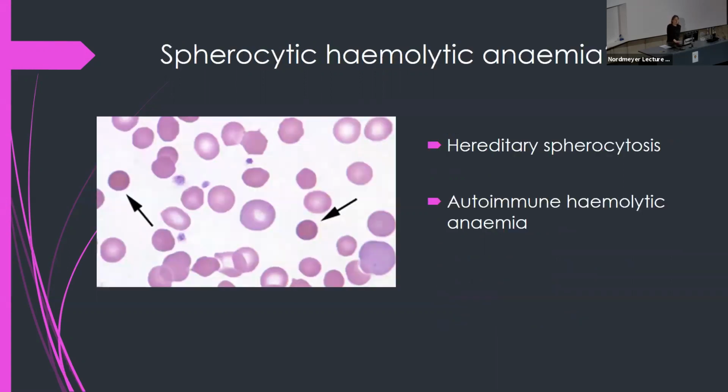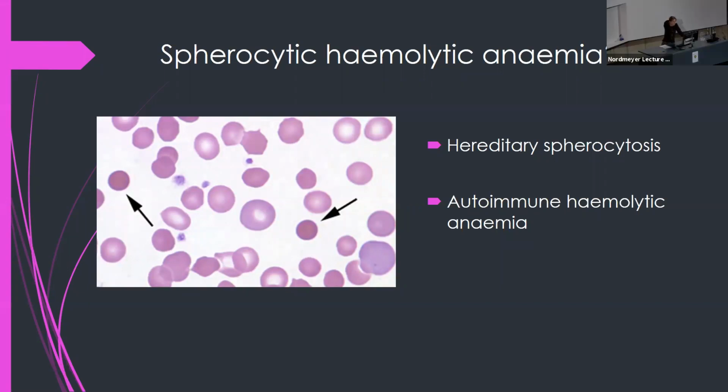So that's spherocytic hemolysis. So those small, completely dark red cells are spherocytes. And there's lots of them, and there's really only two conditions that cause that. One is hereditary spherocytosis, and there are a number of different membrane proteins that cause that.